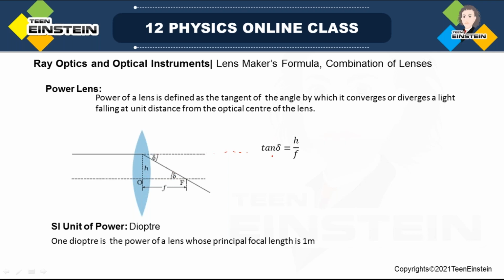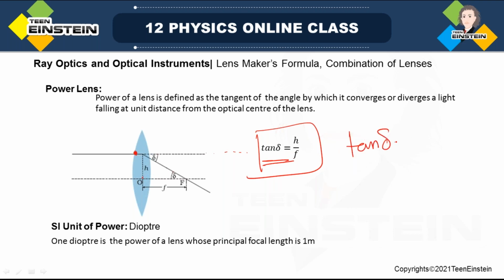But in this case, if I just take the tangent, suppose H is the height at which the ray is getting incident from the optical center. So this is actually tan delta from this figure.